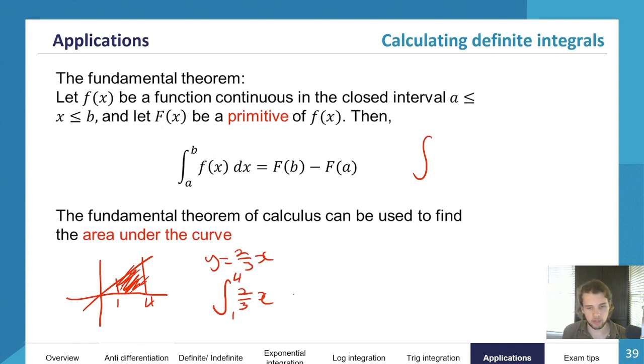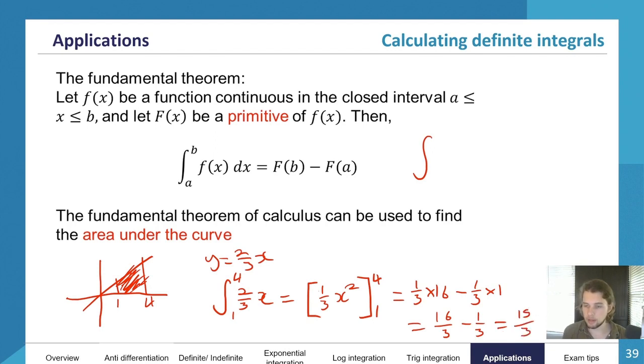It would become 1 over 3x squared, from 4 to 1, which is equal to 1 over 3 times 16 minus 1 over 3 times 1, which is 16 over 3 minus 1 over 3, which is 15 over 3, which is equal to 5. So this is our general idea, and this can lead to quite an array of complex questions.